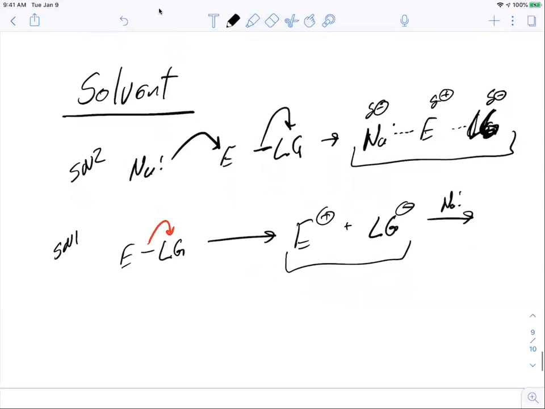So if we think about different solvents, what kind of solvent do we want for an SN2? Well, we want a good solvent. It needs to solubilize everything. But do I form really positive or negative charges in the rate determining transition state? No. How about SN1? Yes, and it is very polar.